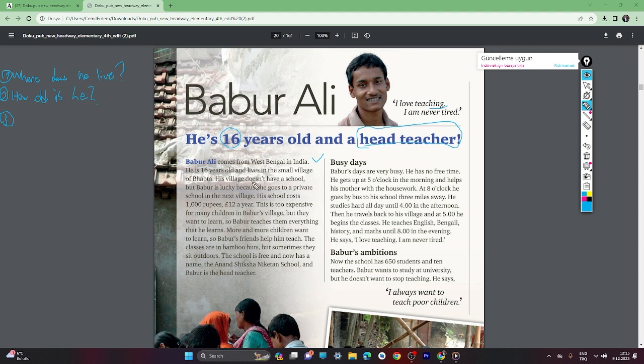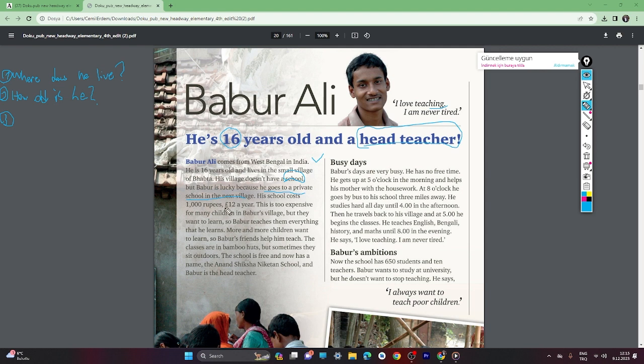Okay, his village doesn't have a school. You see, his village doesn't have a school. But Babur is lucky because he goes to a private school in the next village. He goes to a private school, in which in private school you need to pay money. It's not government one.